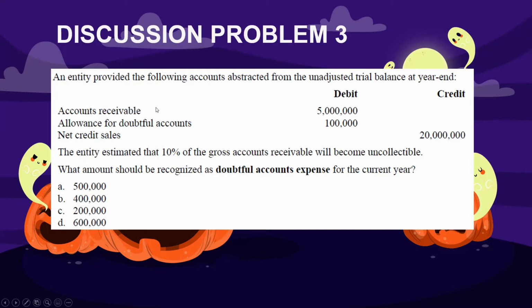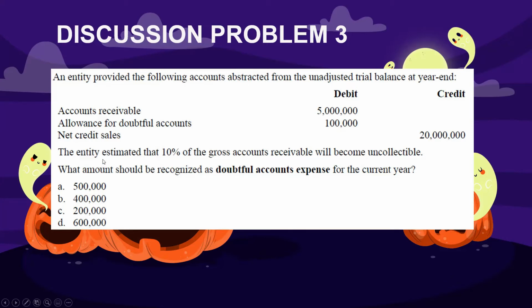An entity provided the following accounts abstracted from the unadjusted trial balance at year end. So you have a debit to accounts receivable of 5 million, allowance for doubtful accounts of 100,000 debit, net credit sales of 20 million.